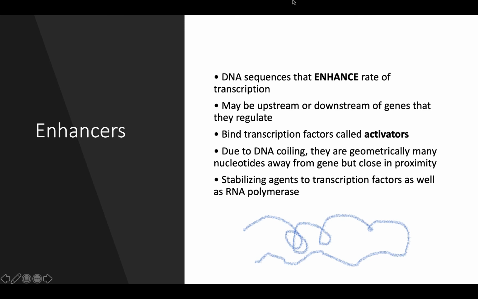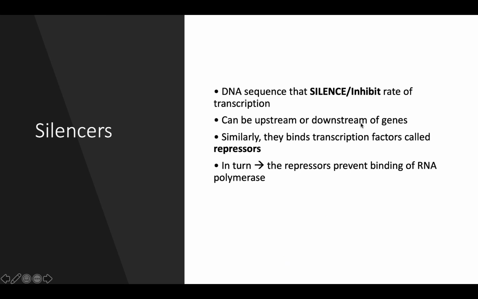بالمقابل زي ما في enhancer sequences, there are silencer sequences, which are the ones that do the exact opposite. They decrease the rate of transcription. نفس الشيء they can be upstream or downstream of genes. Again ممكن يكونوا كتير بعاد وكتير قراب.